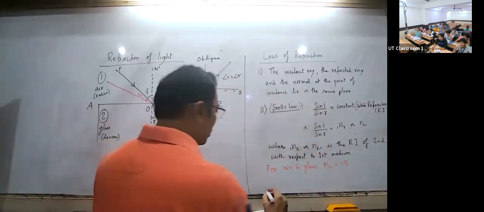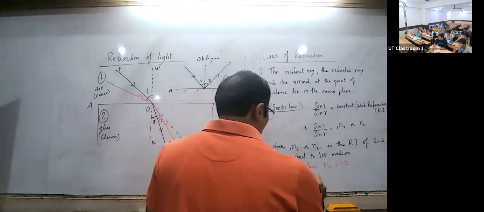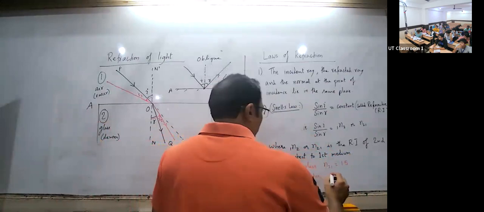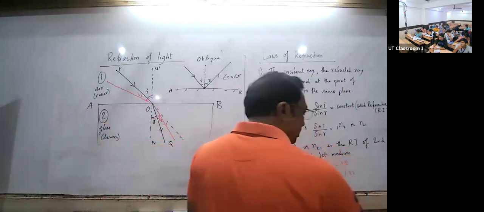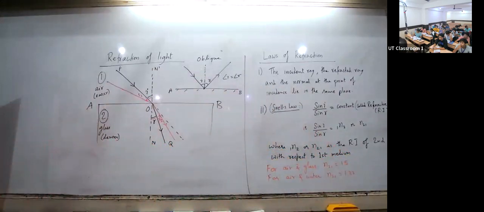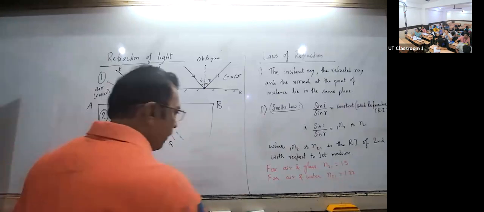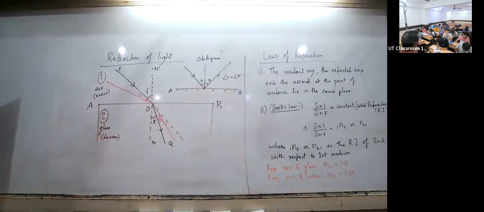Okay, for air and water, it is 1.8. Is this understood? So these are experimentally found values.